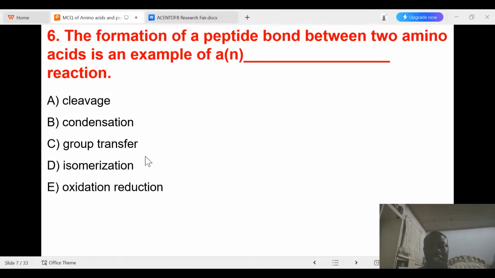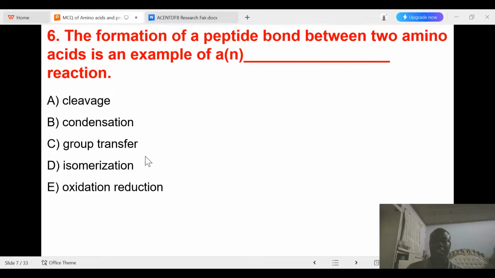Question 6, the answer is B because it is a condensation reaction where one amino acid joins with another amino acid to produce a peptide bond. A condensation reaction is a reaction where monomers join together to produce small molecules.